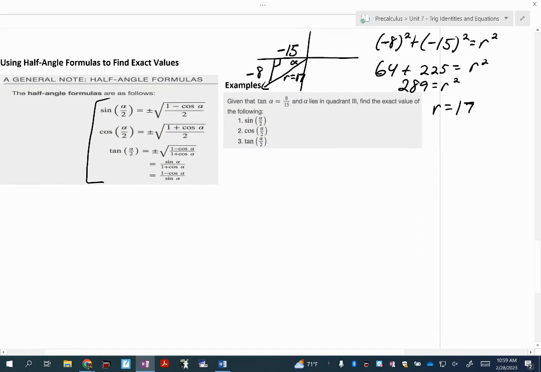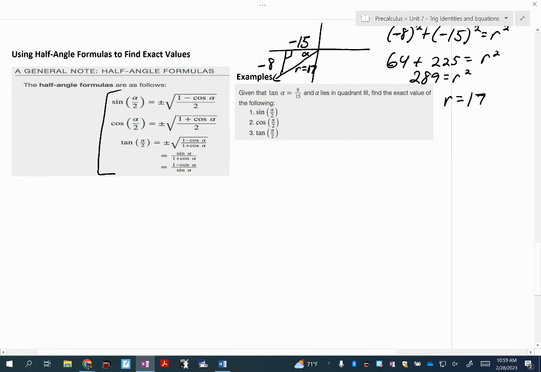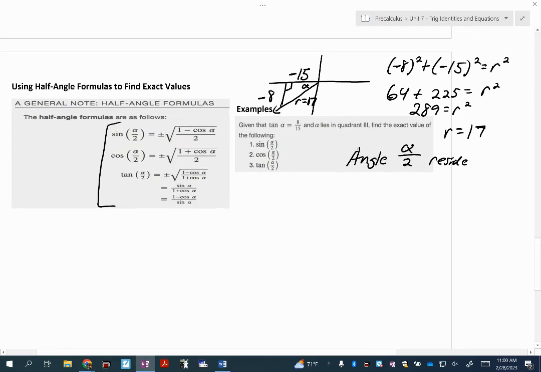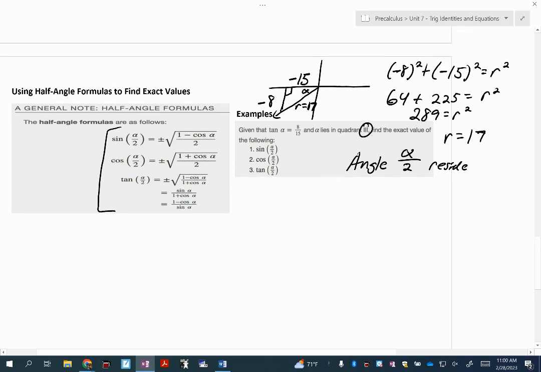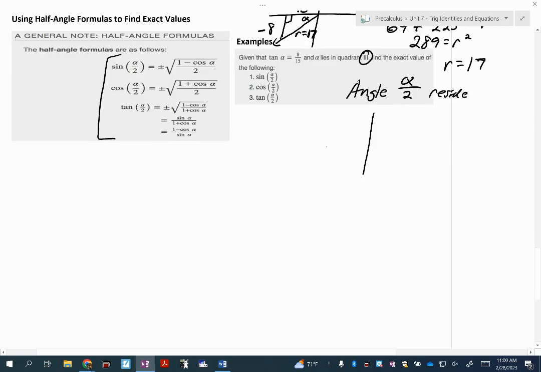Before I start doing these, the last thing I want to check is where the angle alpha over 2 would reside or terminate. It said that alpha was in quadrant 3. If I draw a quick sketch, quadrant 3 would be between 180 degrees and 270.